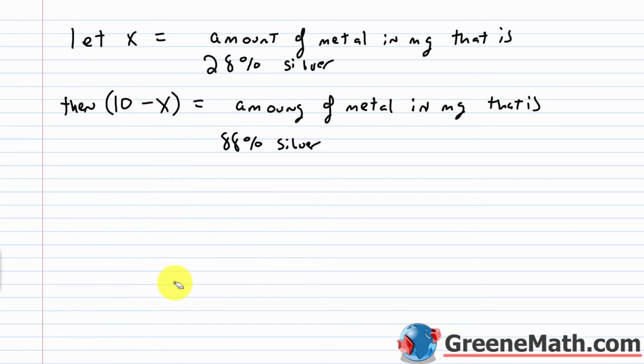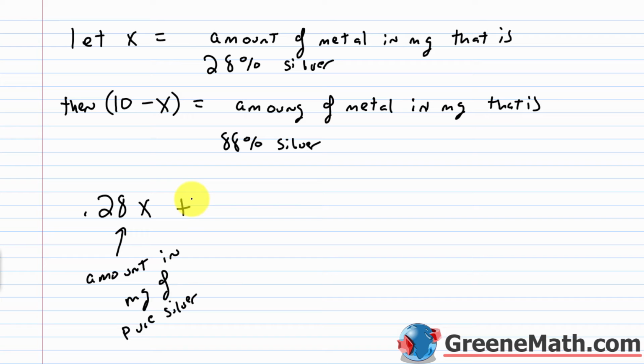What you need here is to relate the fact that you have a certain weight for X, but that weight is a certain percentage of silver. So 0.28, 28% as a decimal, times X is used to represent the amount in milligrams of pure silver.